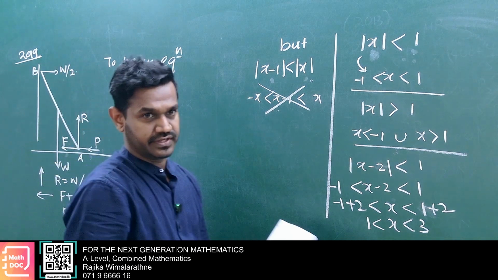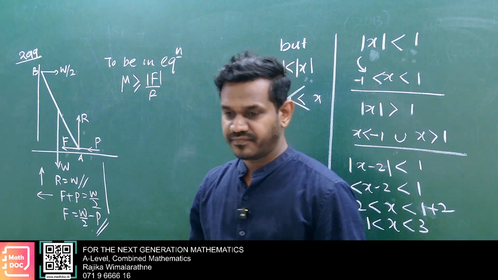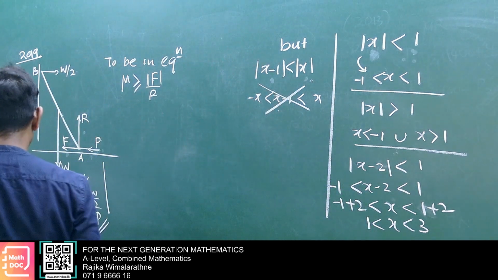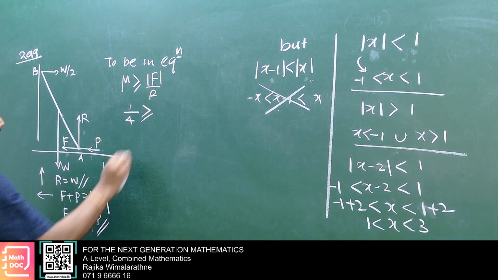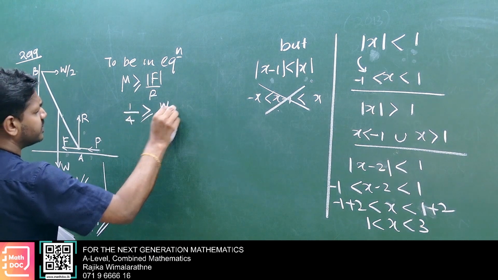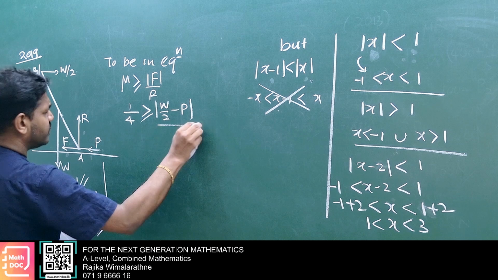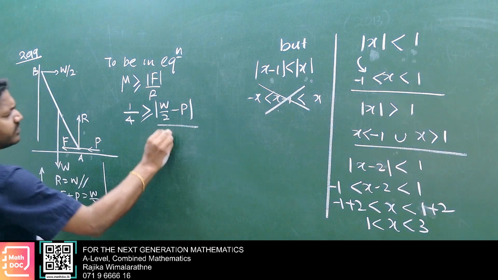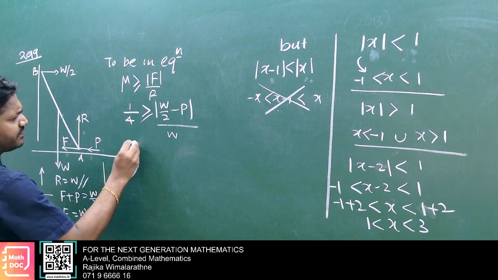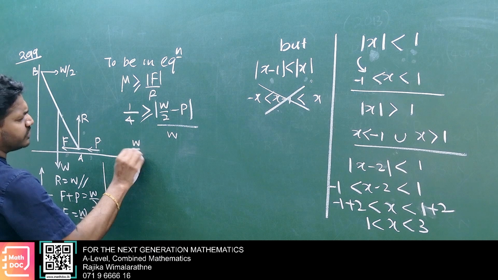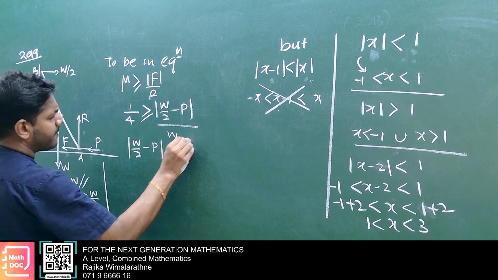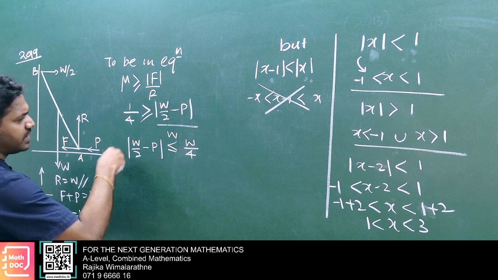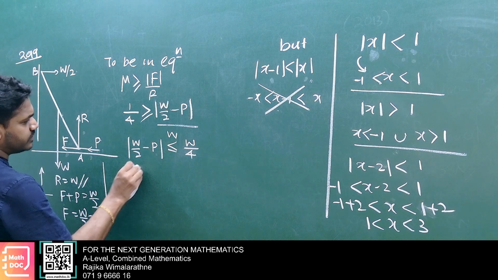In such a case you have to put modulus. Okay. Then mu value given is 1/4. Modulus of F, W over 2 minus P, over R value W, cross multiply, then modulus of W over 2 minus P less than W over 4. Here we better interchange these two.